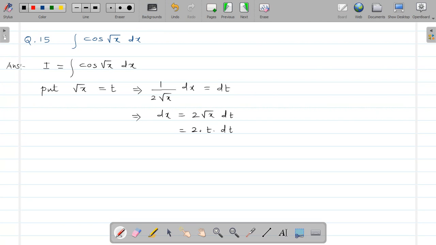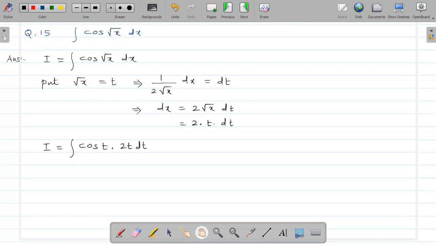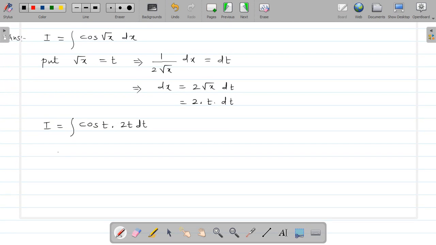So again if you observe this function, the conversion is I is equal to cos of t into 2 times t dt. Now I will rewrite this. 2 you can take outside into, now there are two functions in the form of product, one is cos t and other one is t. Now by LIATE rule we have to put t first and then cos t.